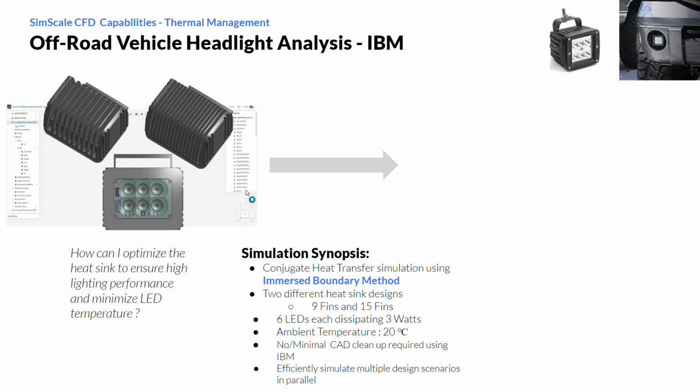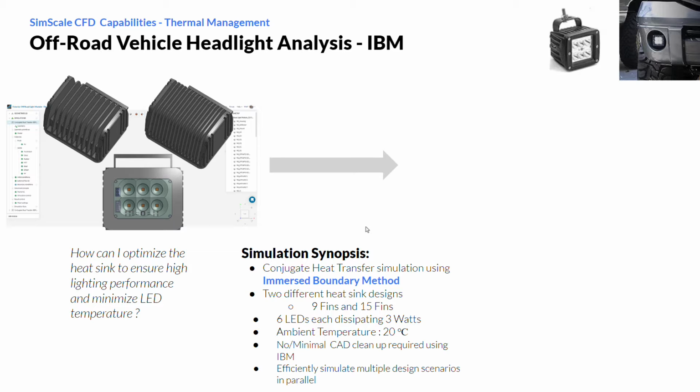Moreover, for this simulation, I would like to demonstrate SimScale's conjugate heat transfer simulation using the immersed boundary method. The most important takeaway is that with the immersed boundary method, you really don't have to spend time cleaning up your CAD model. You can run your simulation on the CAD that you bring with minimal or even no CAD cleanup at all, and that's just due to its meshing techniques.